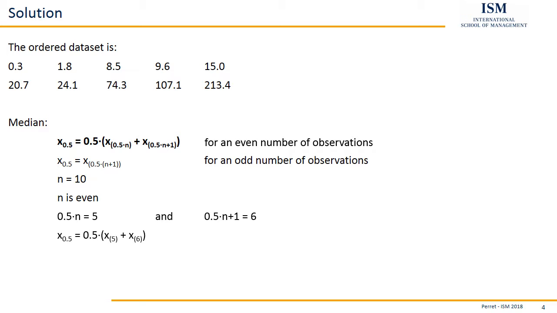Inserting this in the formula means we add 15 to 20.7 and divide all of this by 2, or multiply it with 1/2, leading us to the result of a median of 17.85. This already concludes the first half of this exercise.